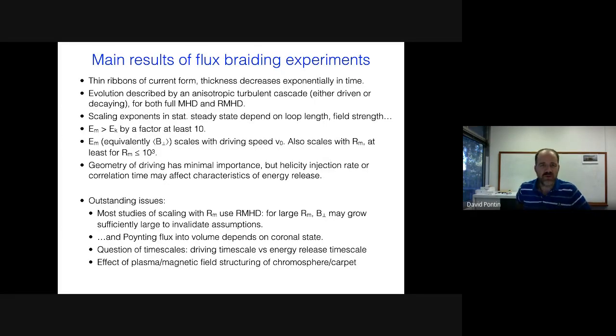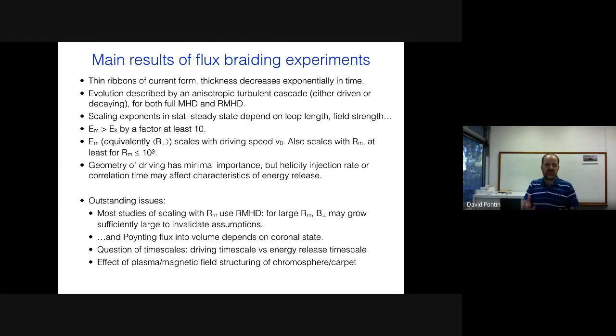Okay, this is a very wordy slide. These are just some main results, I guess, of these many flux braiding simulations that have been performed. So in general, when we apply the boundary motions in all the simulations, you form thin ribbons of current.